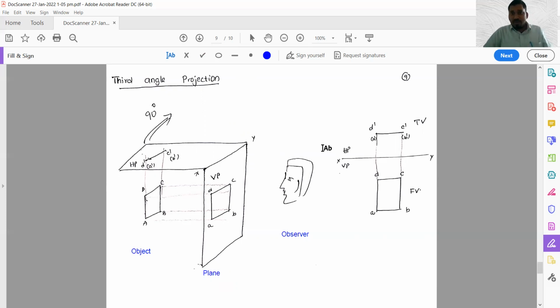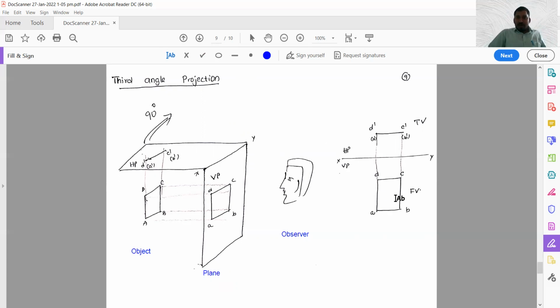Above the reference line, we see HP. Below the reference line, we see VP in third angle projection. But in first angle projection, above the reference line we see the vertical plane, and below the reference line we see the horizontal plane, which is completely reversed to third angle projection.